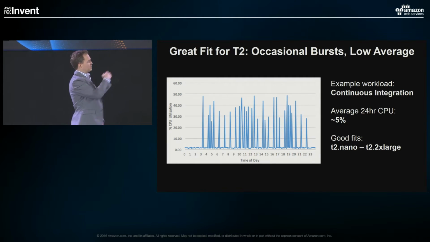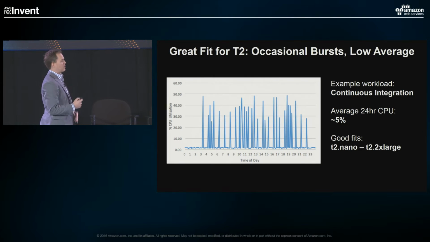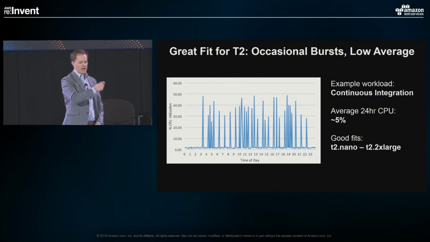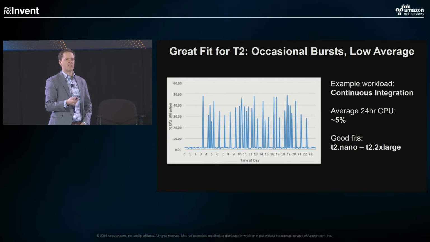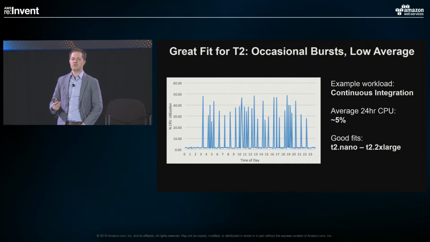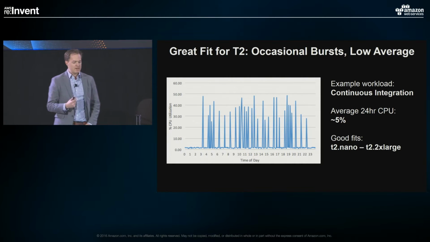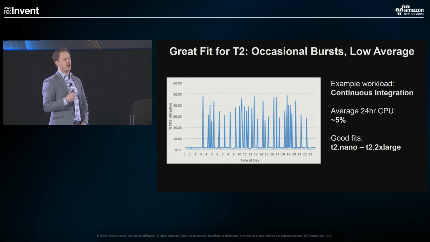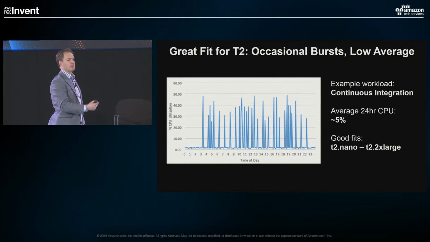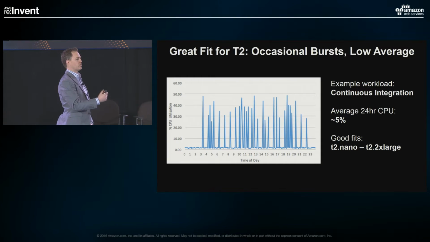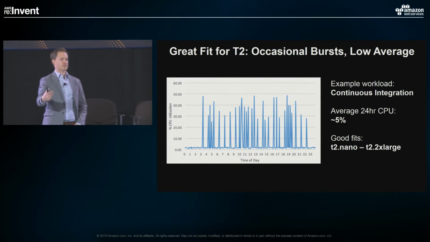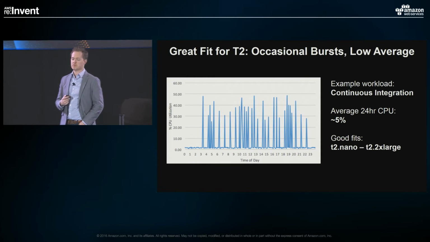Here your average over 24 hours of CPU utilization, based on this data, is about 5%. So it's not using the CPU all that heavily, but when that build is running, you're getting really good performance, so you're delivering that build back to the developer as quickly as possible.